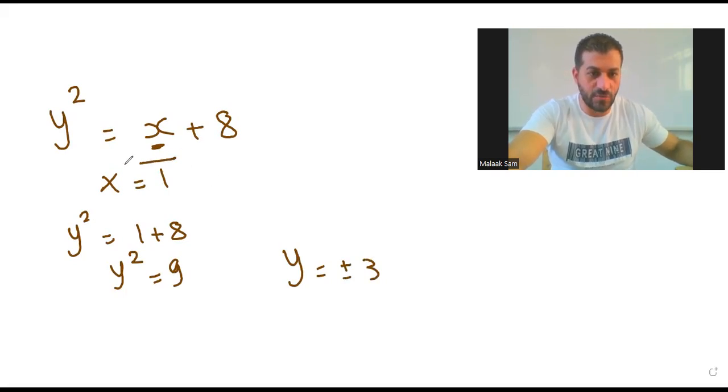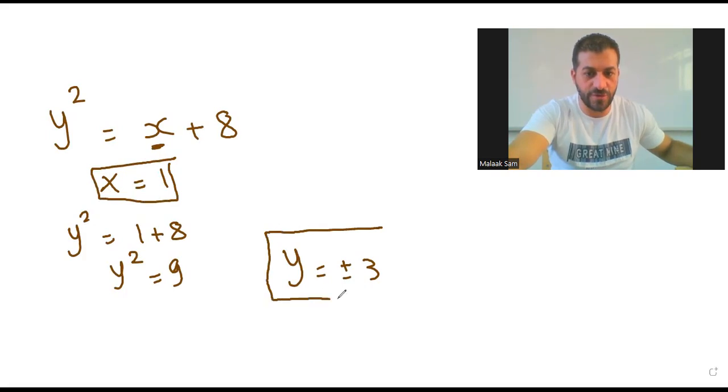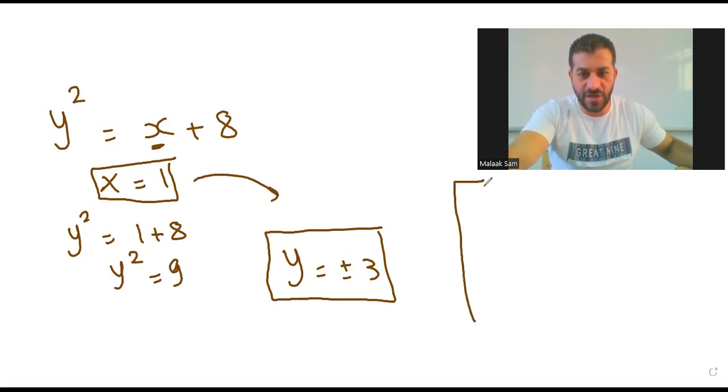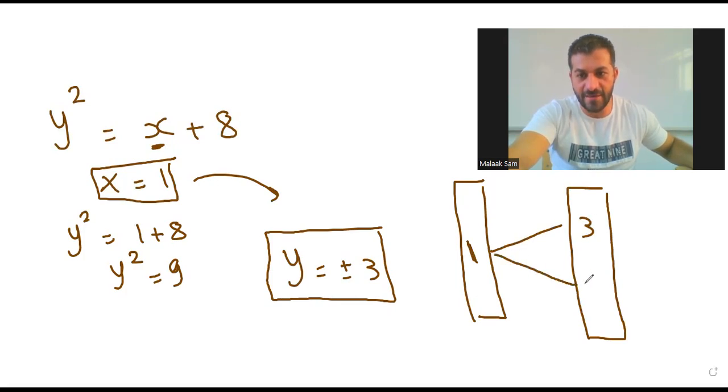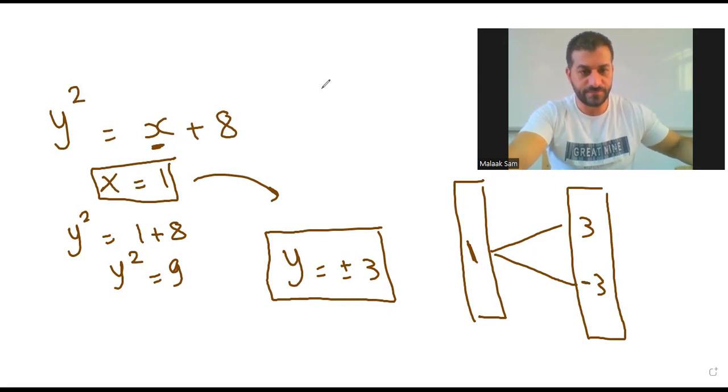When x equals 1, the value of y equals positive or negative 3. We have two values for y, so this relation is not a function. Once again, 1 is related with 3 and negative 3. There are two images for the value of x when x equals 1, so this relation is not a function.